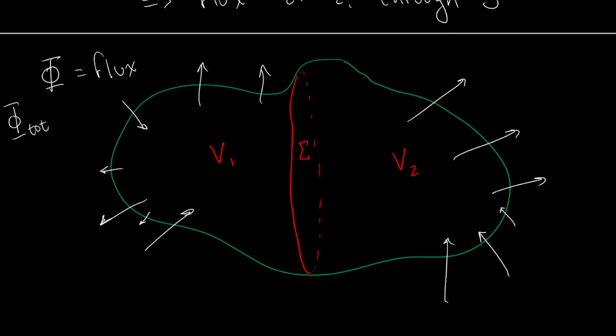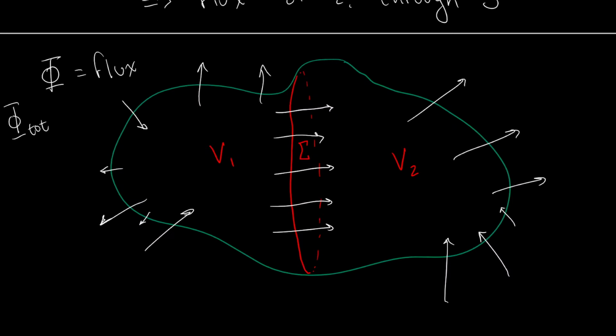So, say part of this z dot field is flowing through this surface sigma. Let's say we have something like this happening. It's flowing out of V1 into V2.